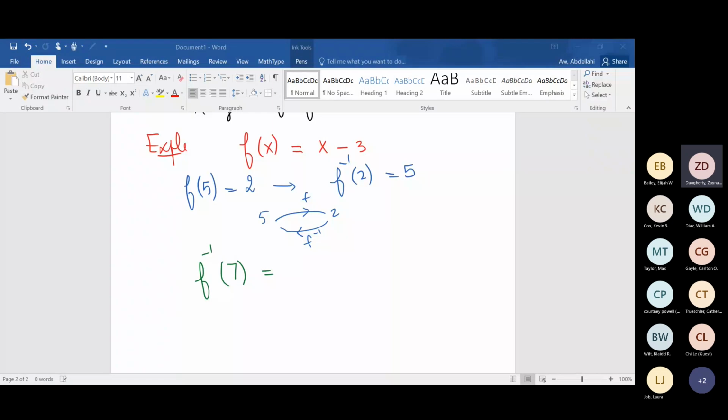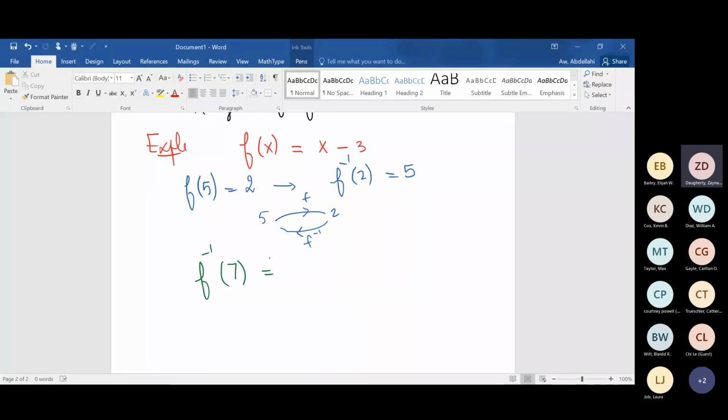The other way to ask would be, for instance, what number do we plug in f to get 7?